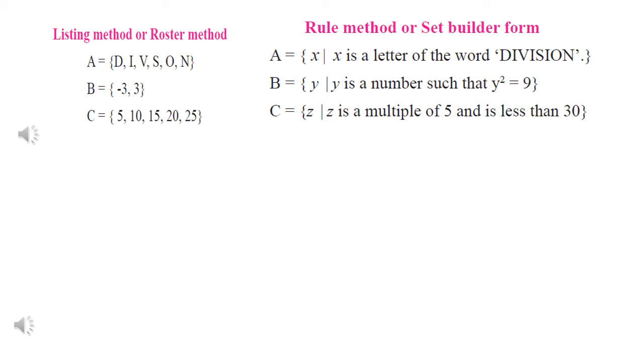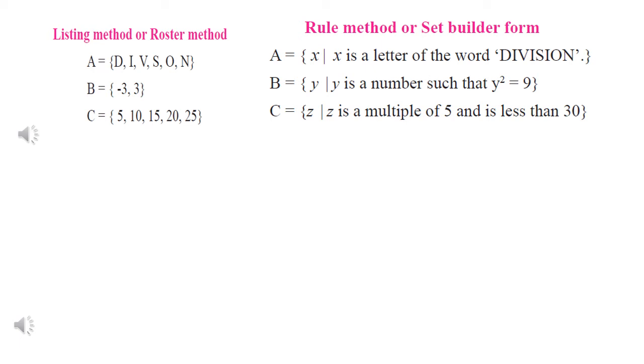Next question. C is equal to {5, 10, 15, 20, 25}. Now here if you observe, this is nothing but our table of 5, right? So when I write this in rule method, it will be z such that z is a multiple of 5, correct?